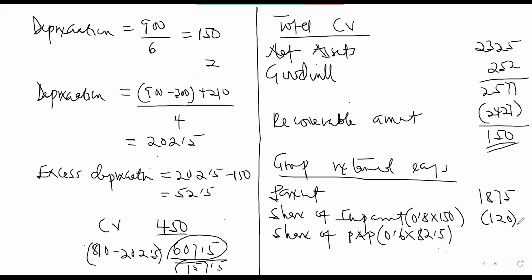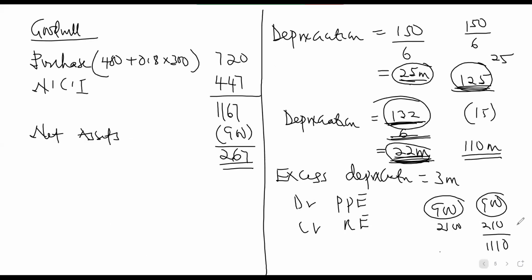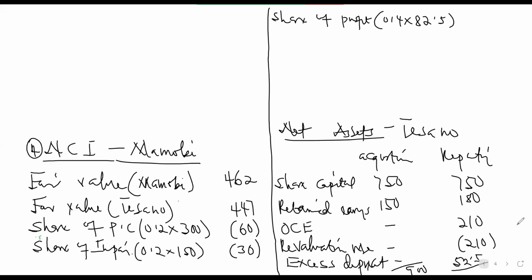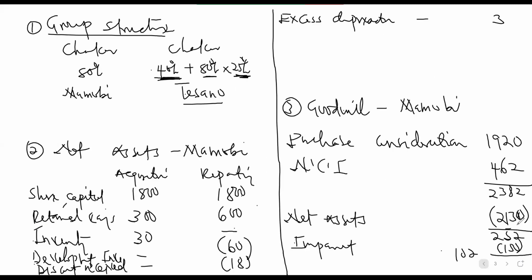What are we having for the two? I'm having 49.5 for this one, and 33. Okay. Let's go to our net assets for them.